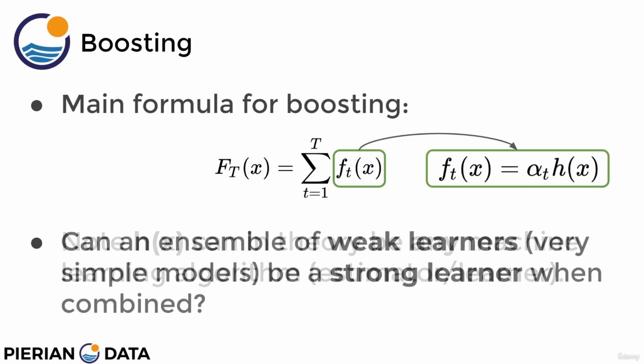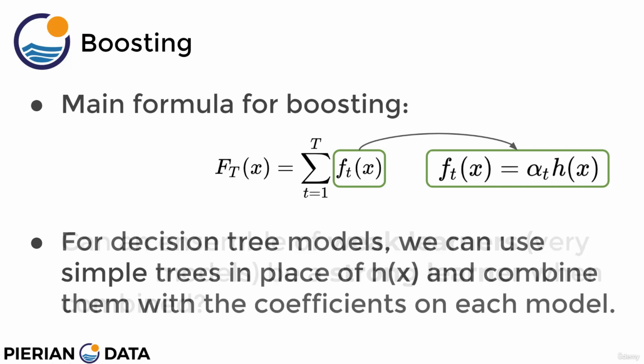Now, the question we want to answer with boosting is, can an ensemble of weak learners, that is, very simple models, be a strong learner? When I say weak learners, I'm just talking about the simplest version of a model possible. Can an ensemble of those weak learners that are slightly different, multiplied by some sort of coefficient and summed up, together be a strong learner when we combine them in this way?